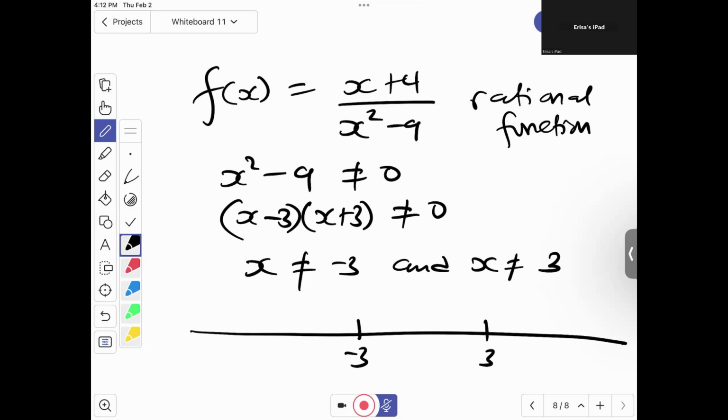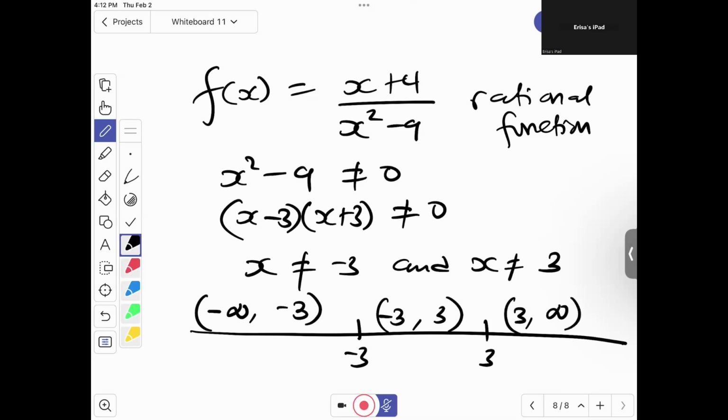For values of x less than negative 3, we take values from negative infinity up to negative 3, but not including it. So this is an open set. We also can take values from negative 3 to 3, excluding both. Then we want 3 to infinity.